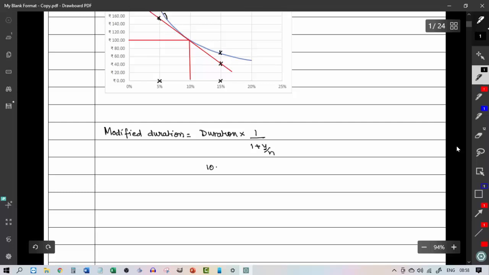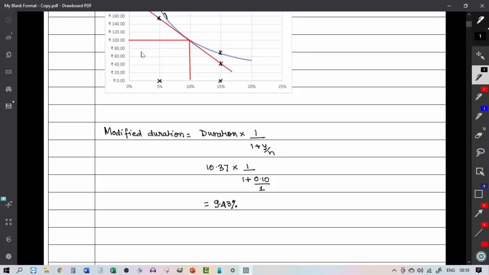So 10.37 into 1 upon 1 plus, now since I have found the duration at a yield of 10%, 0.10 divided by the number of coupons in a year, and we are presuming that the bond pays annual coupons, so it's 0.1 divided by 1. And if we calculate this, we get modified duration as 9.43%.